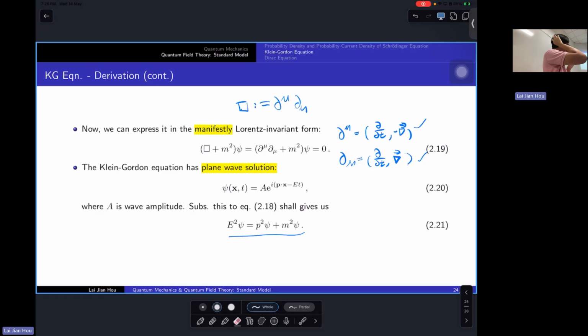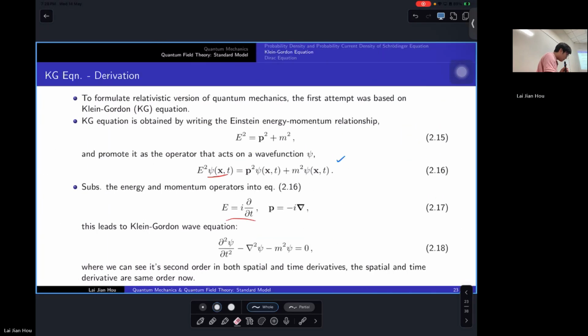So consider two friends. One friend is measuring psi, another friend is measuring psi prime. And these two friends are related by the Lorentz transformation. And each friend is solving the quadratic equation in their own form.